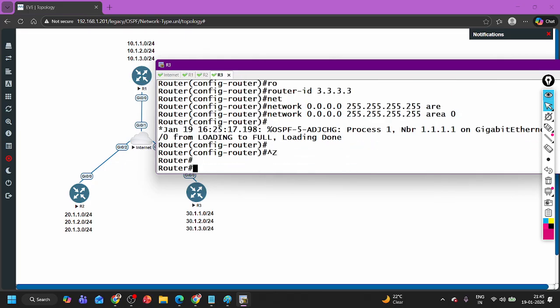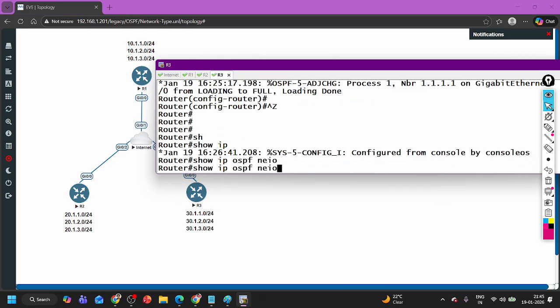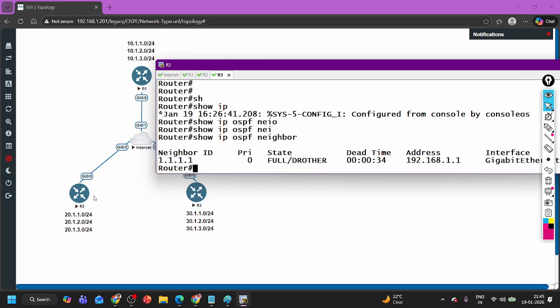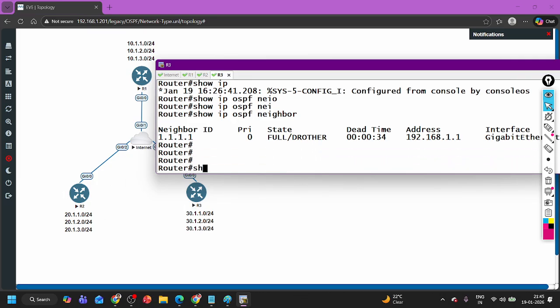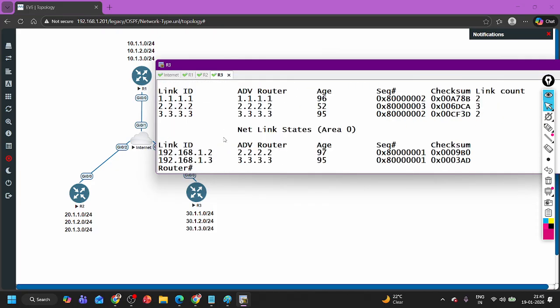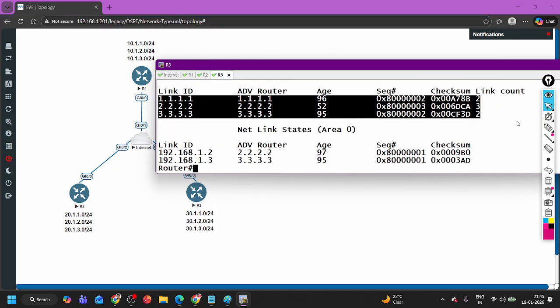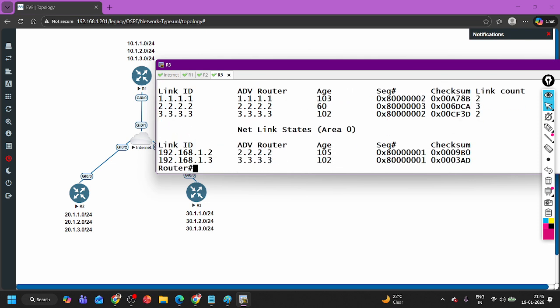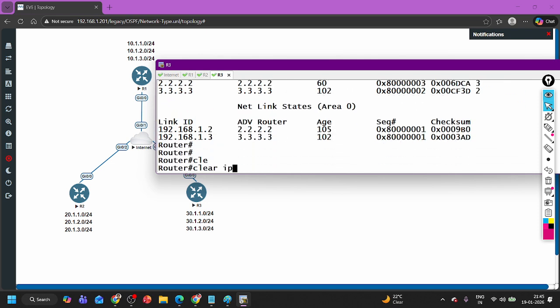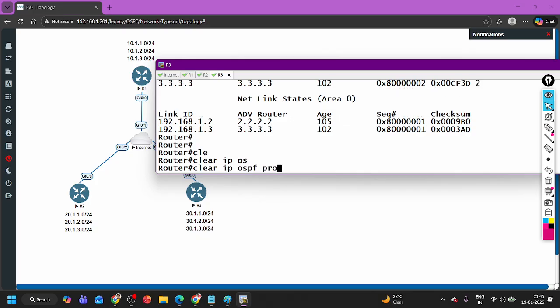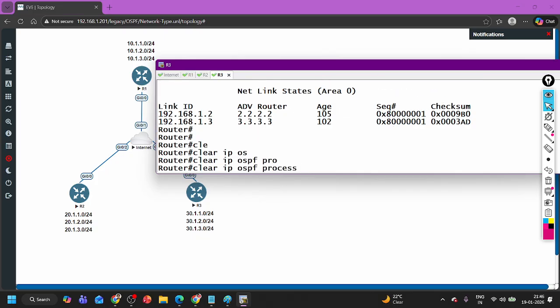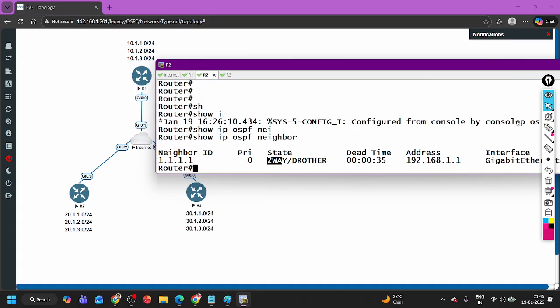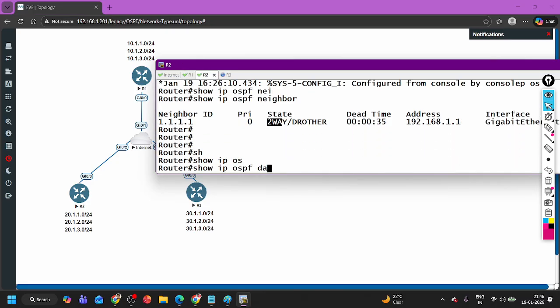And on router number 3 also you can check, show IP OSPF neighbor, right? Because router 2 and router 3 are not able to communicate. So if I show you the database, show IP OSPF database, you can see we have router LSA of, this is again an old entry, clear IP OSPF process, and show IP OSPF database here.